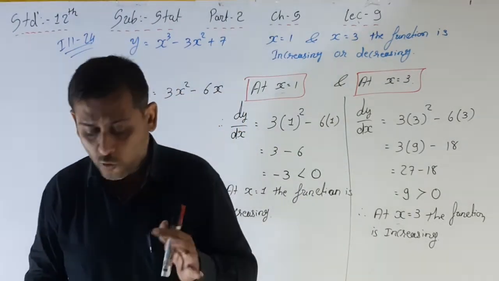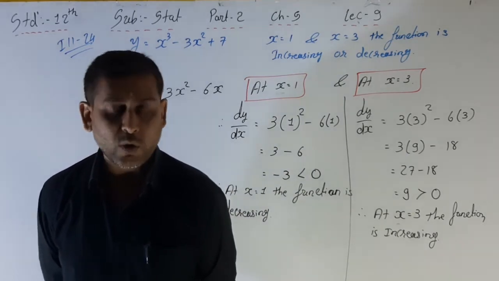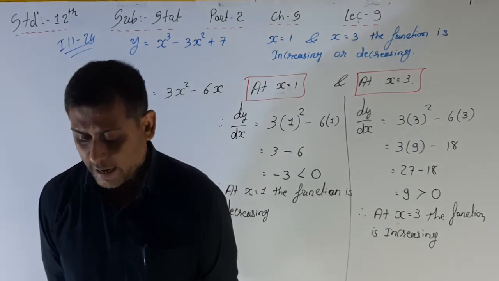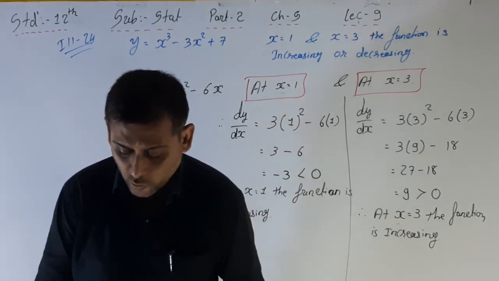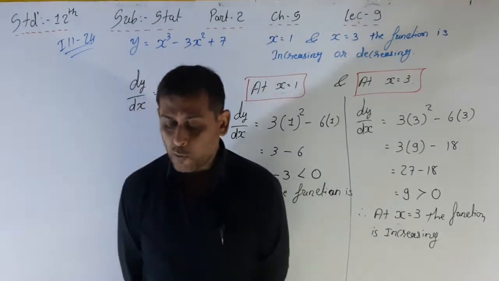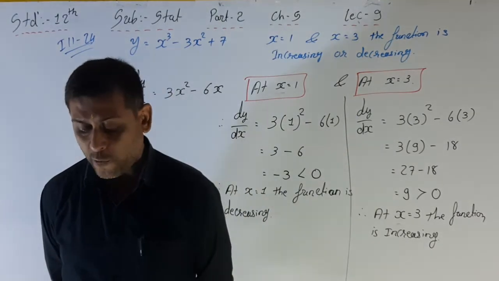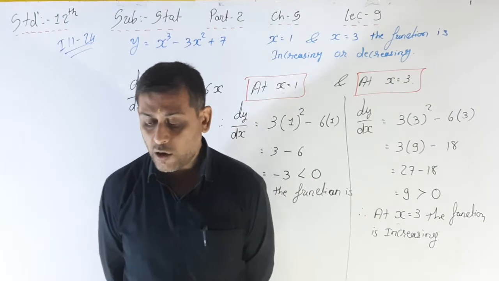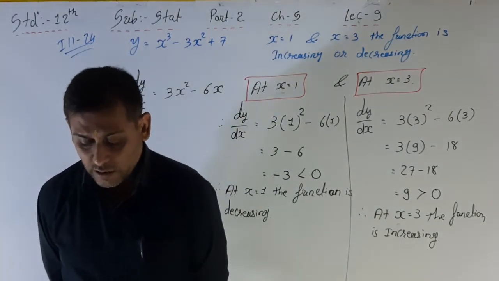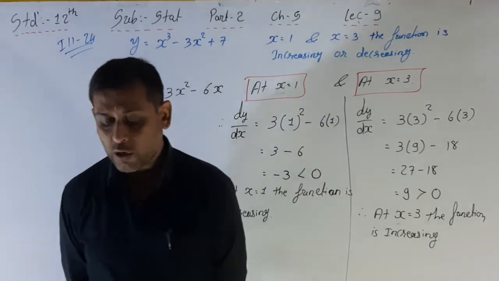The maximum value. First of all, in the figure, the curve of the function y is equal to f of x is drawn. The value of the function at x equal to a is y equal to f of a. If h is a small positive number, and if f of a is greater than f of a plus h, and also f of a is greater than f of a minus h, then f of x is said to be a maximum at x equal to a.